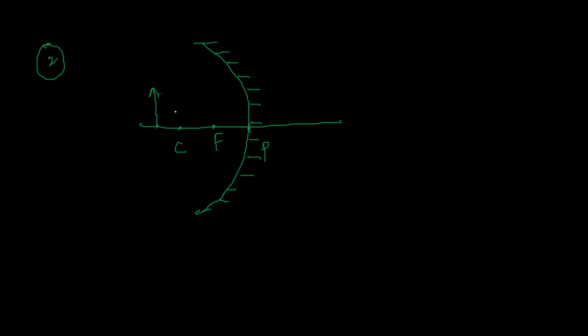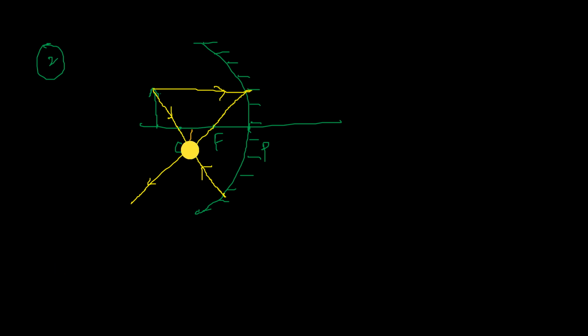How many light rays are required? Minimum 2, as I said. One light ray I am taking like this. It passes through the focus. Another light ray I am taking through the center of curvature. Both will meet between C and F. The image will form between C and F.